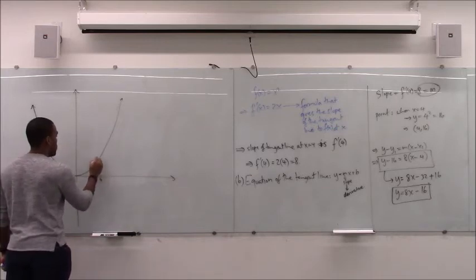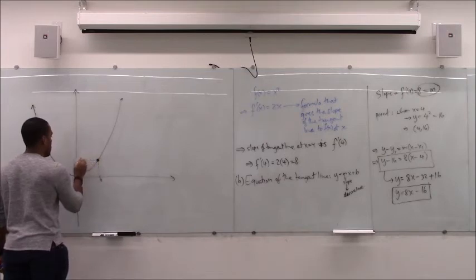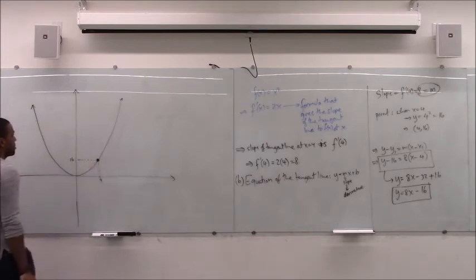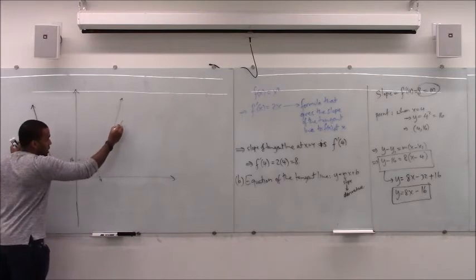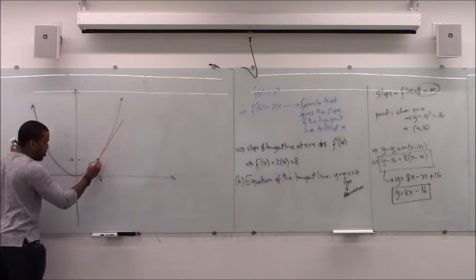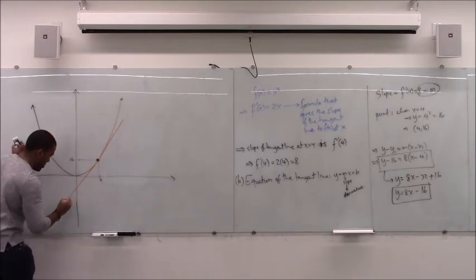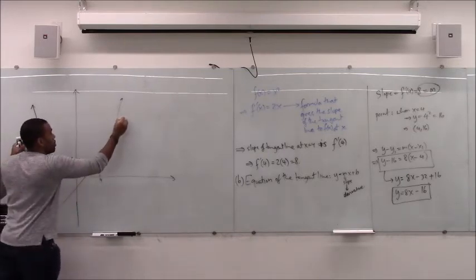So you're at this point. That's a point of interest. Now when you're at 4, this is at 16. Now someone says, okay, I want you to find the equation of the tangent line to that function at that point. Basically what you're looking for is the straight line that looks like this. It passes through that. Right? You want to find the tangent line.